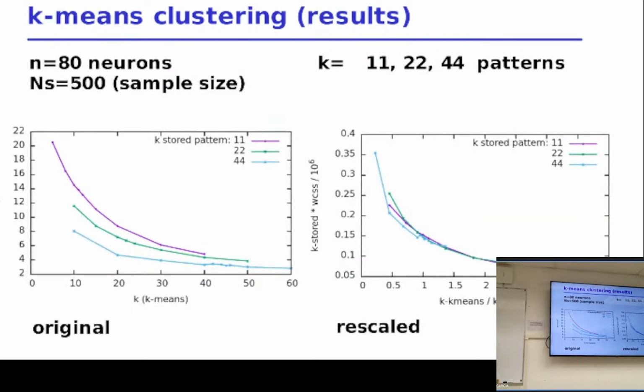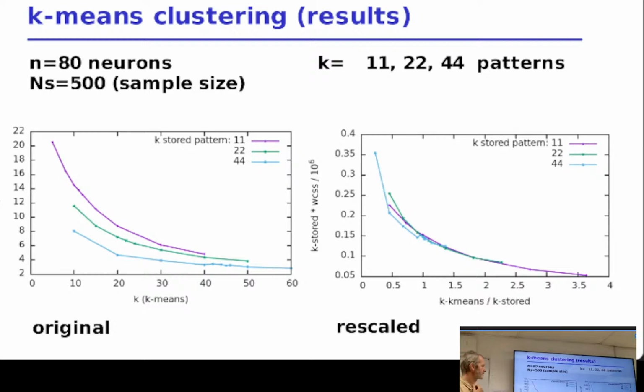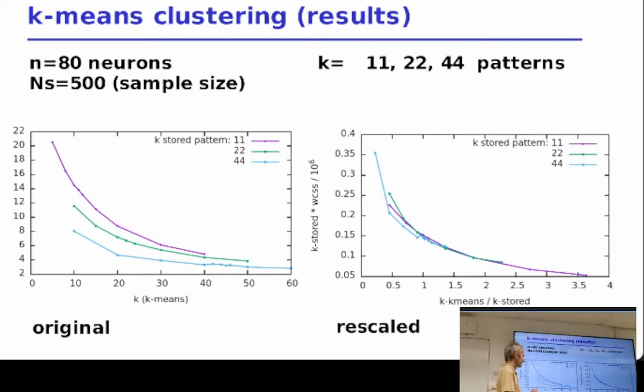Okay, and so what we plot here is this cost function, this distance, within cluster sum of squares. And well, it has the general property that if you have more clusters, then this distance will be smaller. And in practice, what you often do is you make such a plot.